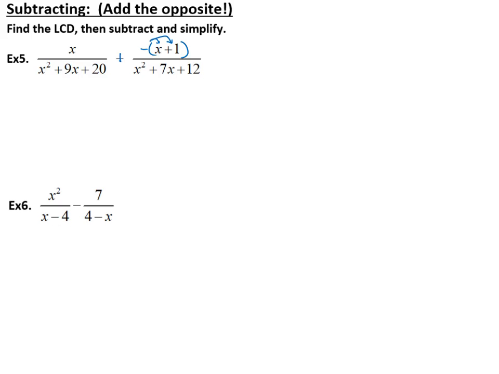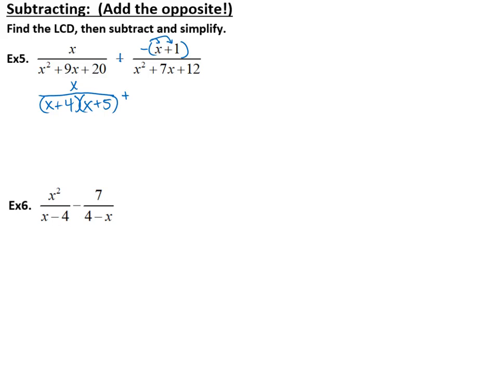Okay, let's find our LCD though by factoring our denominators. So in the bottom, if you x factor this, the two numbers that multiply to 20 and add up to 9, both positive, are 4 and 5. Okay, there's our two factors from our x factor.